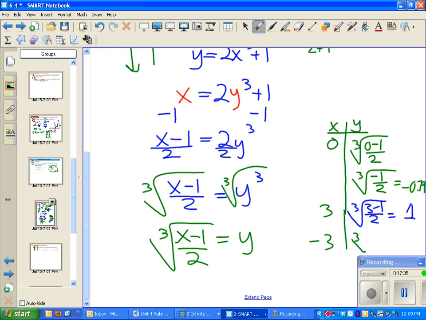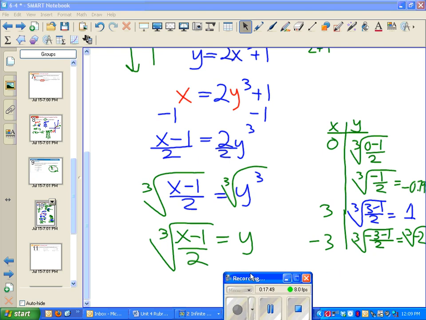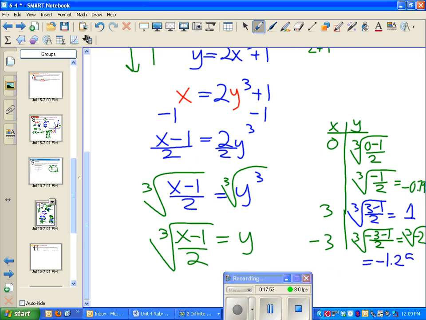So this is the cube root of negative 3 minus 1 over 2. So that would be negative 4 divided by 2. So that would be the cube root of negative 2. So when I put that in my calculator, I'm going to get negative 1.25. And if you need help with your calculator, I can help you with that tomorrow.